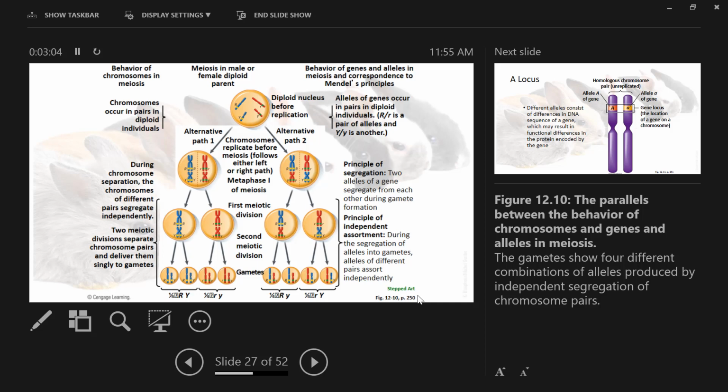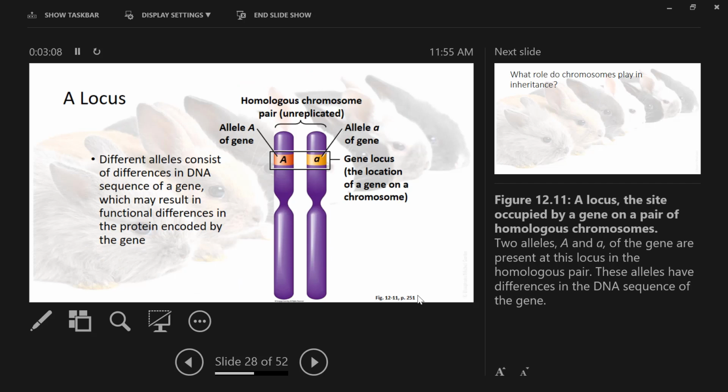And here's the chromosome showing how that happens. And so here's showing you basically homologous chromosomes. How can we tell that these are homologous chromosomes and not sister chromatids? They're not connected, that's one clue. Although you could say, well, during anaphase 2, the sister chromatids are not connected either.